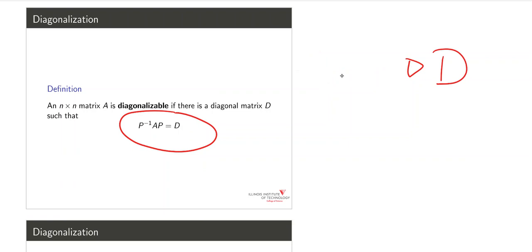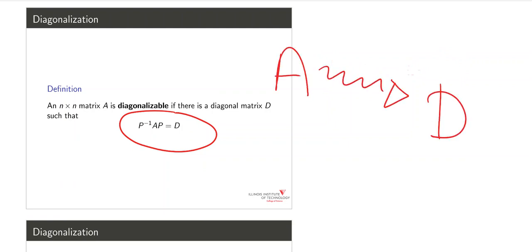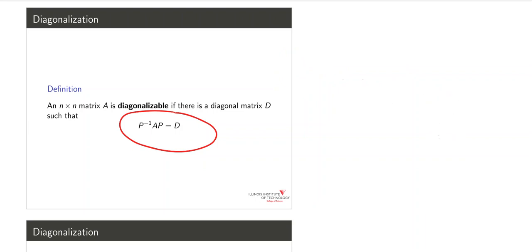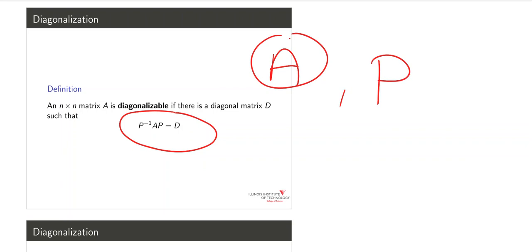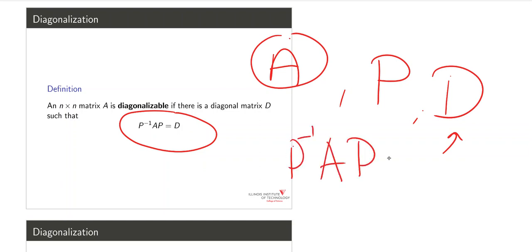When we say that a matrix A is diagonalizable, it doesn't mean that you can take A and somehow row reduce it to a diagonal matrix. If you can do that, that's good, but that is not the definition of diagonalization. Diagonalization means that I have a matrix A, and I can find a matrix P, which is invertible, and a matrix D, which is diagonal, such that P inverse A P is equal to that diagonal matrix D.